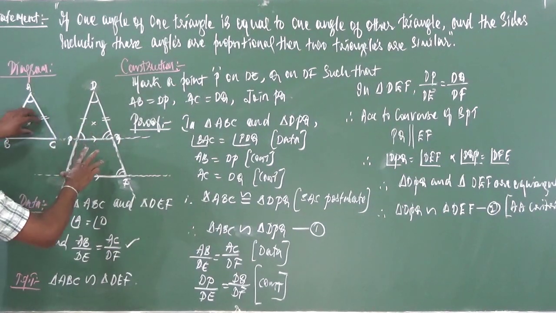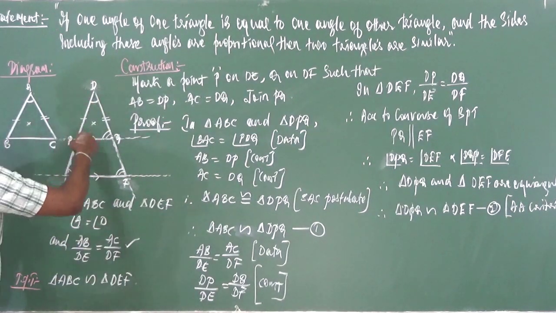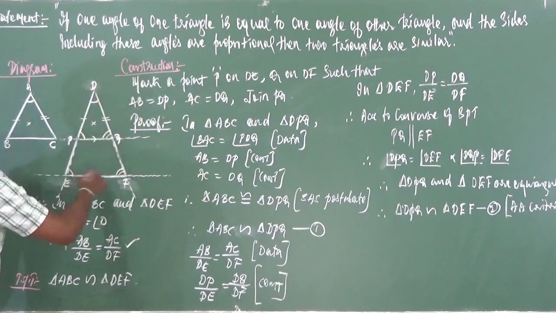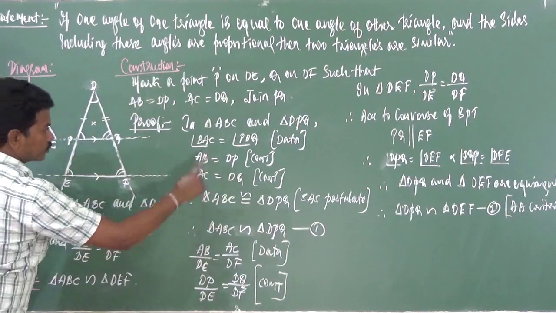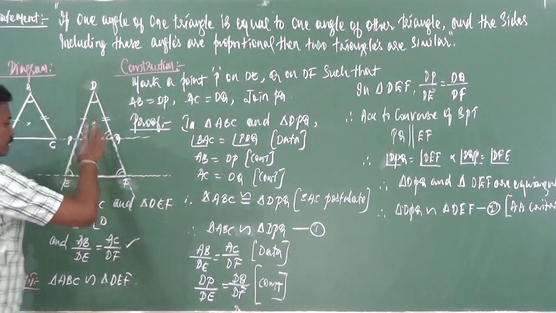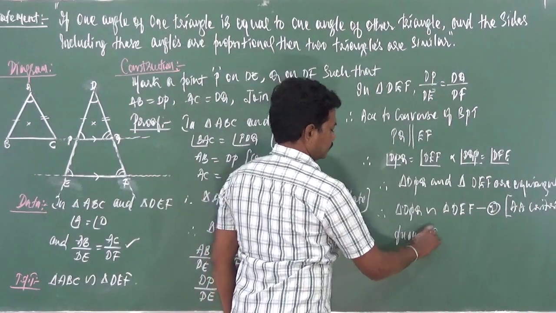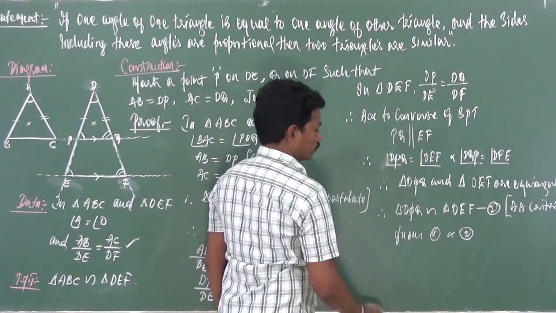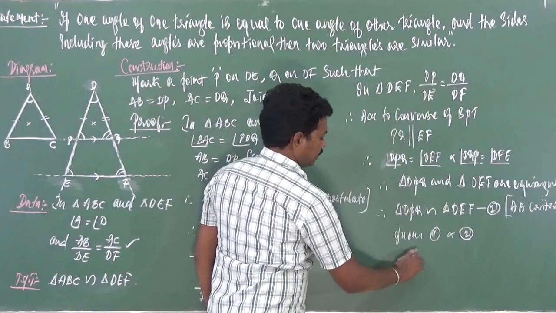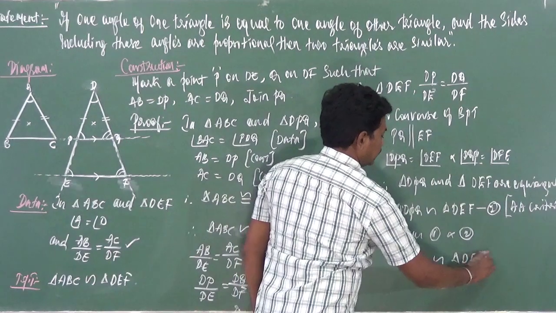So therefore, this triangle and this triangle should be similar to each other. That is, triangle ABC is similar to DPQ, DPQ is similar to triangle DEF, from equations 1 and 2. So therefore, triangle ABC should be similar to triangle DEF.